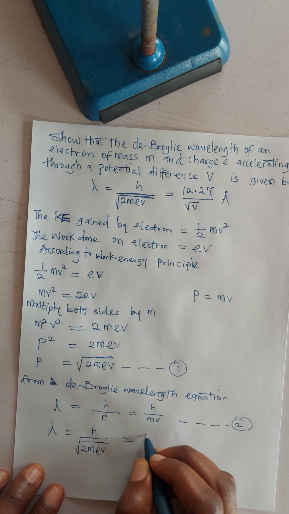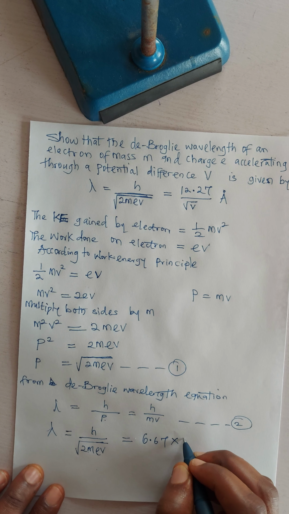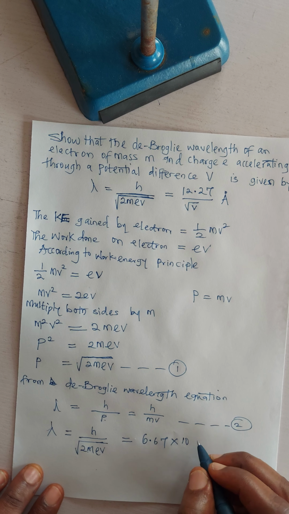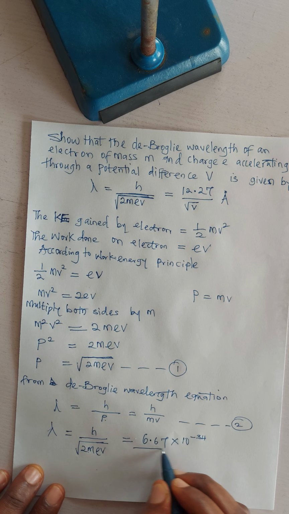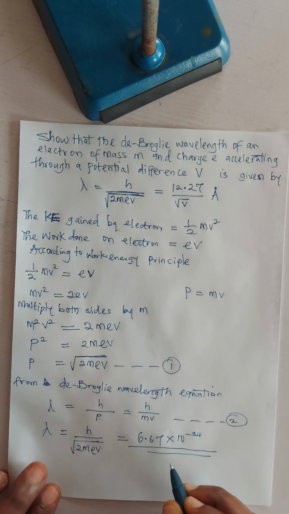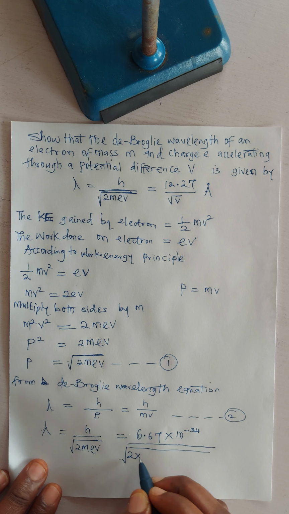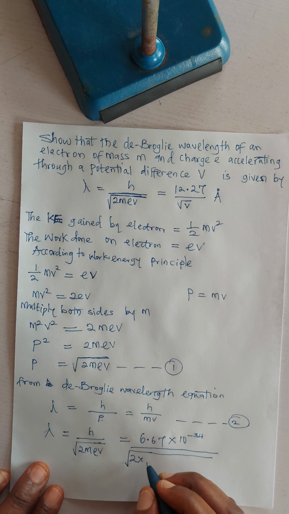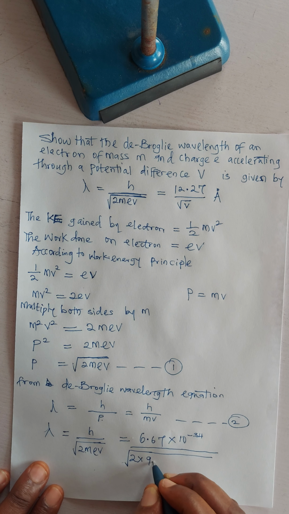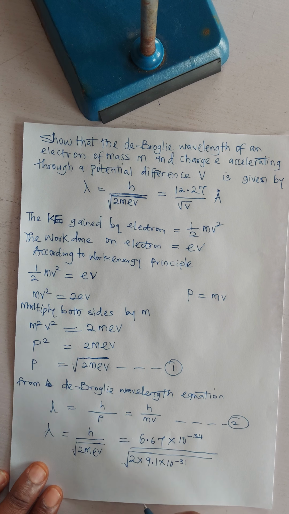Planck constant is 6.67 times 10 raised to the power of minus 34, divided by square root of 2 times, because I have to multiply by the mass of the electron. Mass of electron is 9.1 times 10 raised to the power of minus 31.